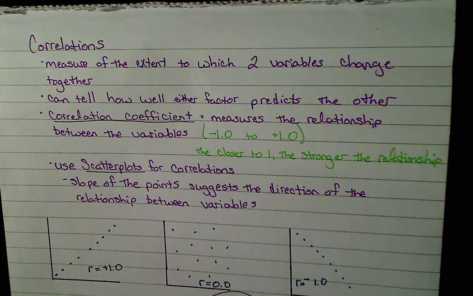For correlations, you're always going to use a scatter plot. When you put all the different points on a graph, whichever way the dots tend to move, that's the relationship between the variables. So we're going to use correlations to tell how well either factor is going to predict the other.